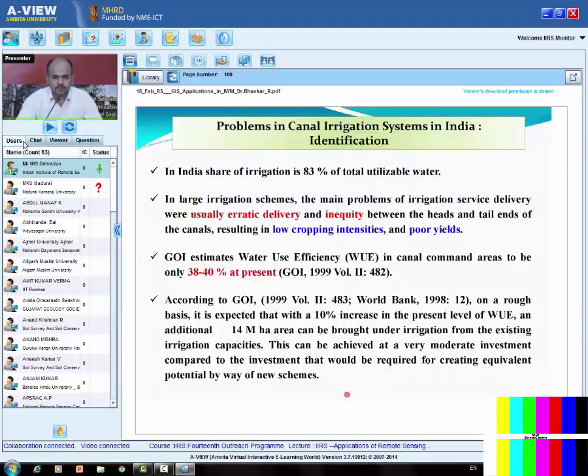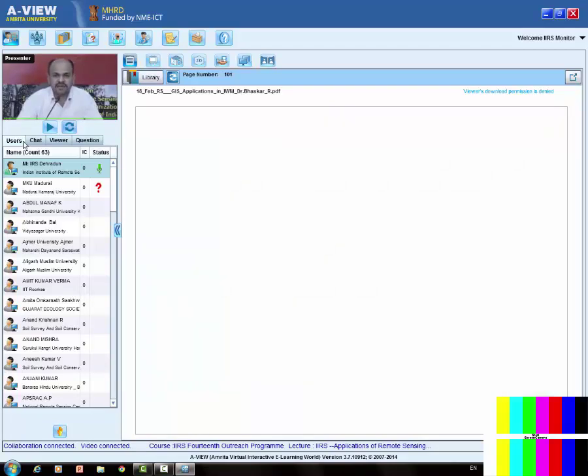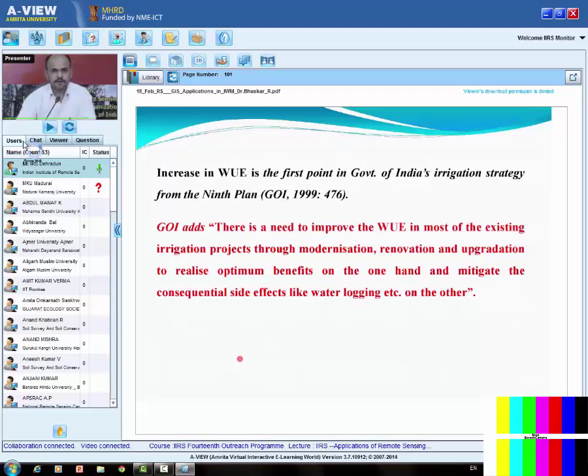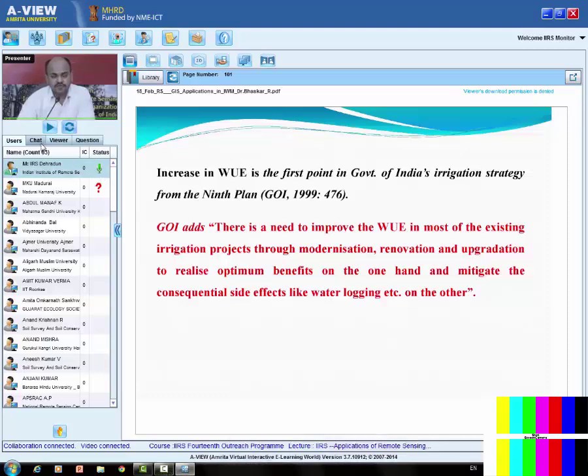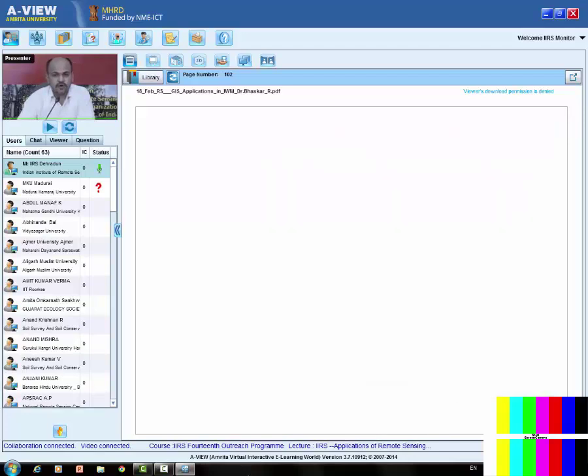I just have to improve the efficiency of my existing project, extend the irrigable command area of the same project, and increase the total irrigable area by 14 million hectares. The government claims our projects are running at maybe 38 to 40%, and the remaining water we are losing shows up in other terms as bad environmental effects like salinity and waterlogging.